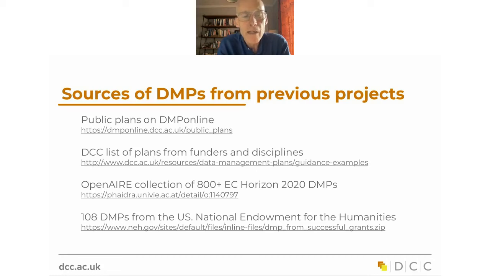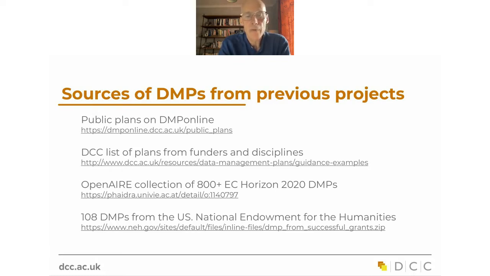The project OpenAIRE has a very useful collection that's recently been published from European Commission Horizon 2020 projects. There are over 800 collected at that link on the slide there.